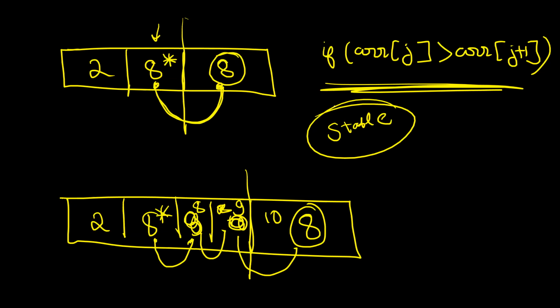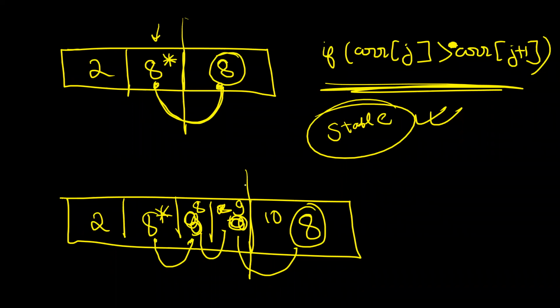It's about the swapping condition. You are swapping if ARR of J is greater. If I introduce equality here, then it is an unstable sorting algorithm. But if I remove this equality and I swap only when strictly greater, then it is a stable sorting algorithm. Is it making sense, guys? Yes, two same elements do not swap. So the relative ordering of elements will never get disturbed.